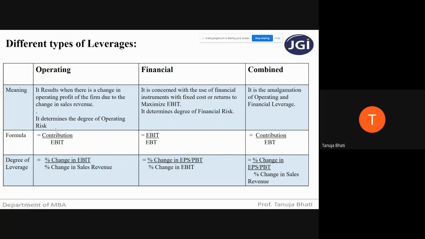Students, what is operating profit? In order to carry on the operations, whatever expenses are involved, and whatever sales is made, when you minus both, you get the operating profit. So operating leverage basically will tell us that if there is a change in the operating profit, there will be a change only when there is a change in the sales revenue.